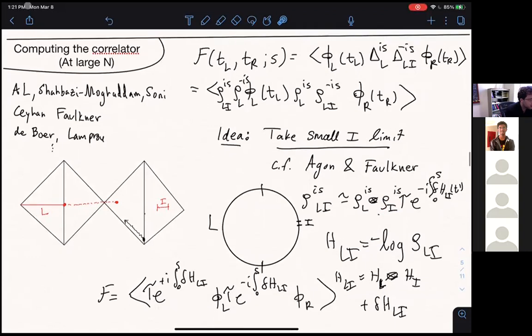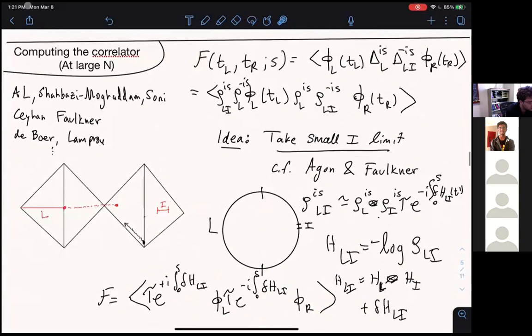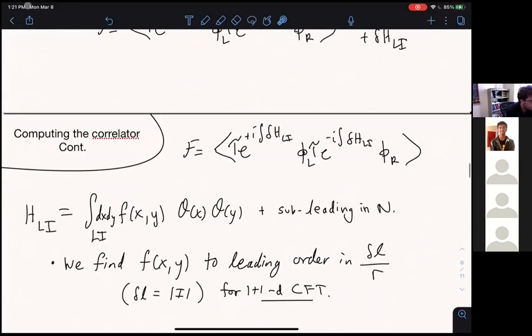If I could compute delta HLI, then I could plug into this formula and compute this correlation function. This looks maybe a bit imposing. The reason you might think it is computable is because similar types of correlation functions have shown up elsewhere in the study of quantum chaos, which I will explain in a moment.